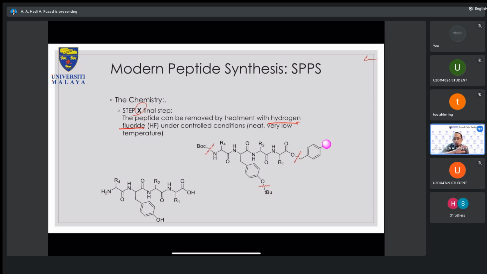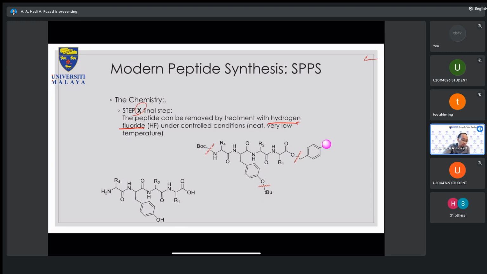So to do this, you actually need a very, very controlled environment. Everything is done in a special fume hood that you don't mix with anything else, and you use a lot of dry ice to transfer and condense the hydrogen fluoride, so that it is not in gas form, but rather in liquid form when it's reacting with your resin.